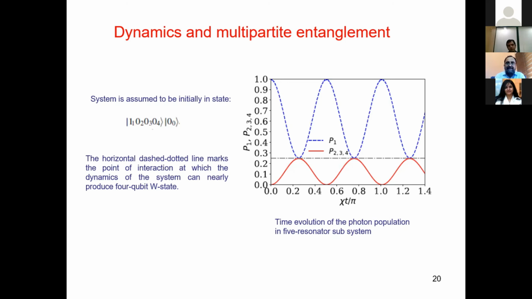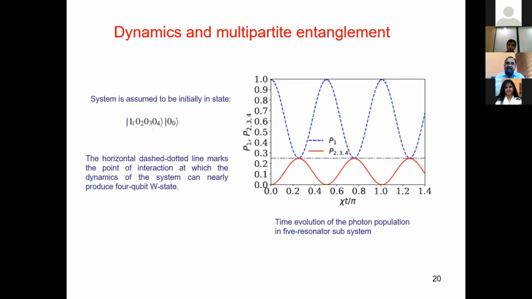Now the horizontal dashed line marks a point. Notice P1, P2, P3, P4 are the populations of the photons. So this horizontal line shows the point of intersection, right? And at this particular point, we have the 4-qubit W state generated here. Recall the earlier discussion.